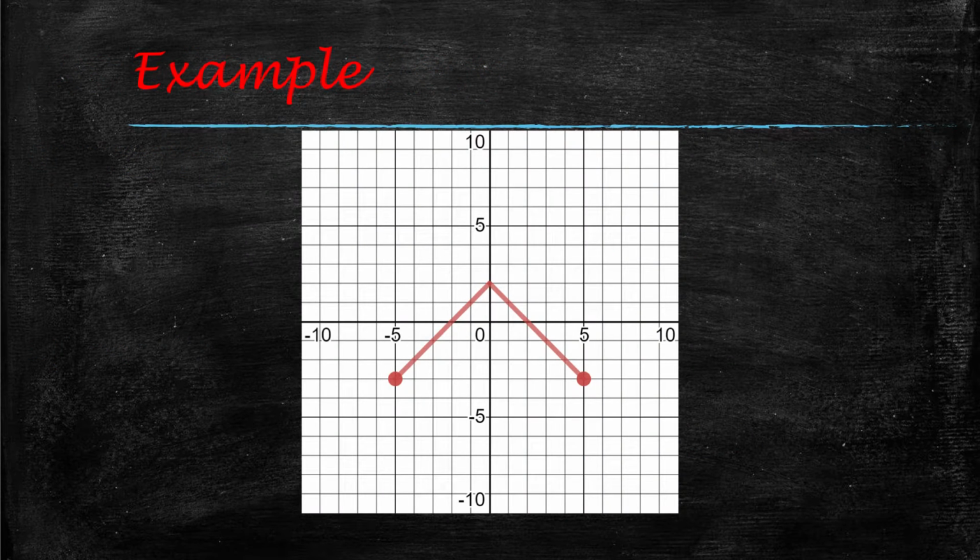If we look at that same example that we looked at before, the increasing section is going to be this part of the graph. So that's going to be your increasing. And then decreasing is this side of the graph.